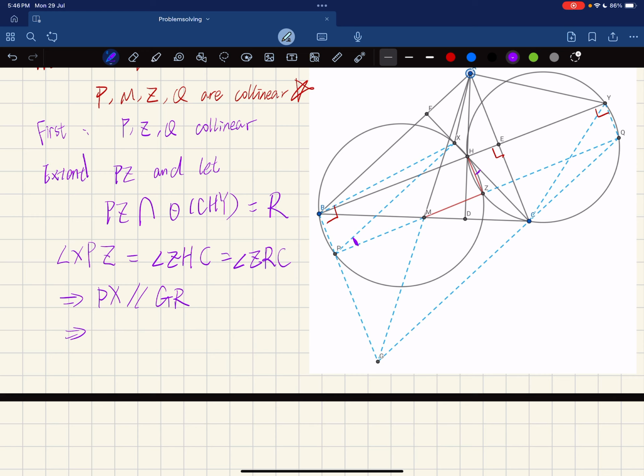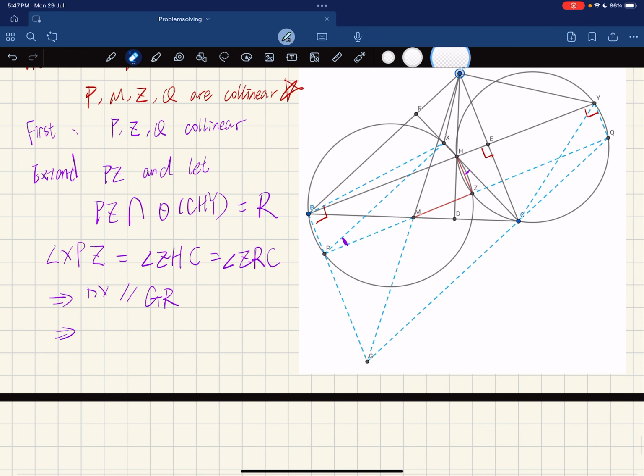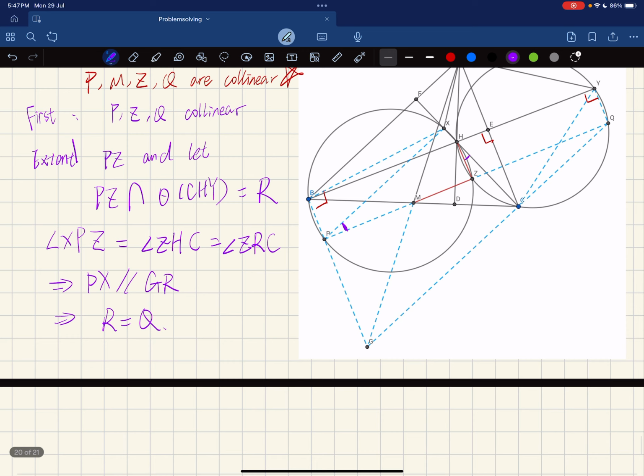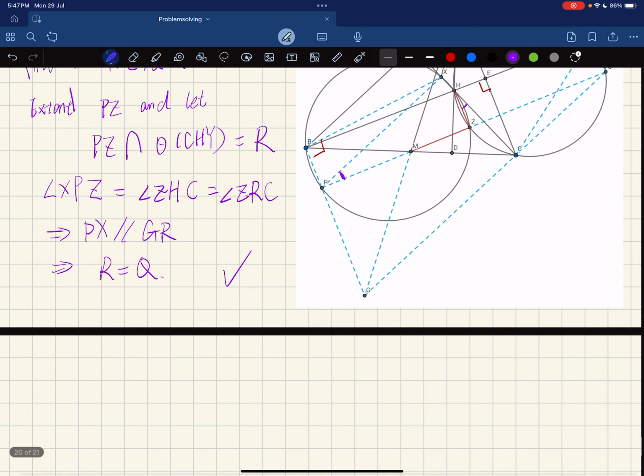And so we can know that since GR is parallel to PX and GQ is also parallel to PX, and also, how can I say, R and Q, these 2 points all lie on the circle CHY, so we can know that the points R and Q are equal, so that the first part is proved.